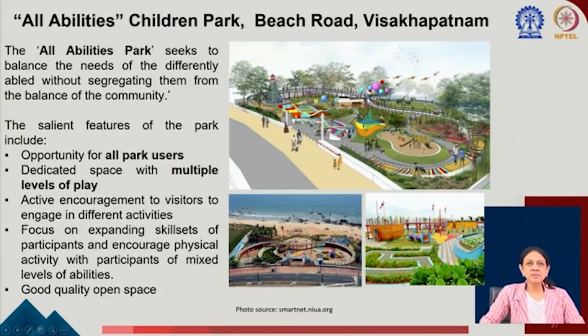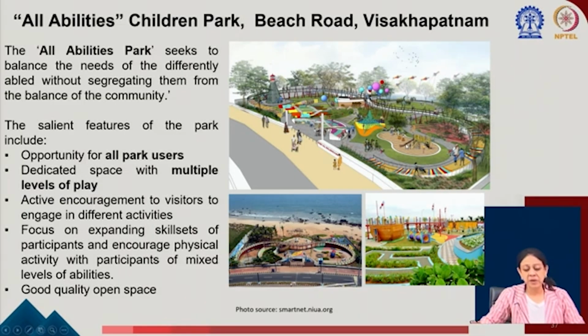Some outdoor spaces, say the All Abilities Children Park. They have got a dedicated space with multiple levels of play. The entire park has a ramp, smooth surfaces, children friendly, elderly friendly.